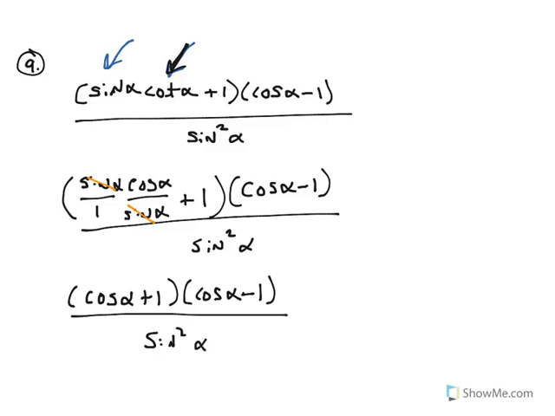And then we can multiply the two binomials together. Cosine times cosine gets us cosine squared. Then cosine times the negative 1 gets us negative cosine.